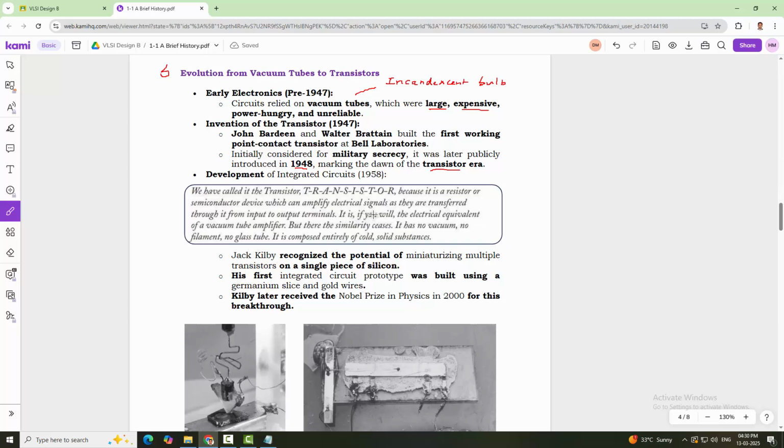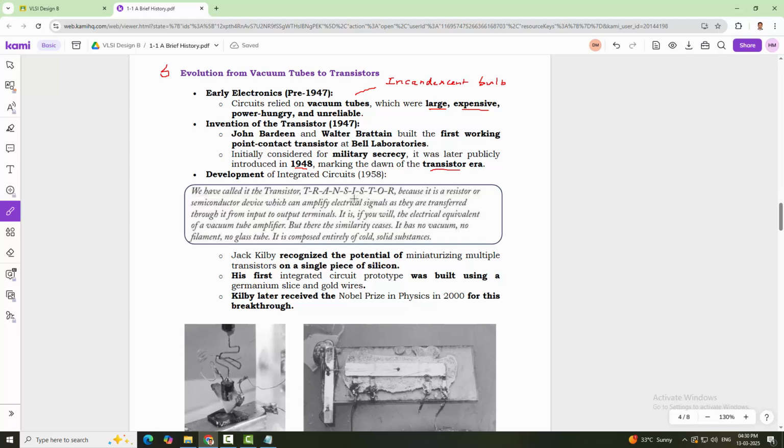It is, if you will, the electrical equivalent of a vacuum tube amplifier, but there the similarity ceases. It has no vacuum, no filament, no glass tube. It is composed entirely of cold, solid substances. What is the meaning of this?